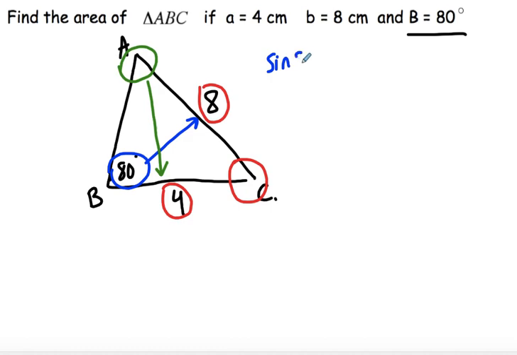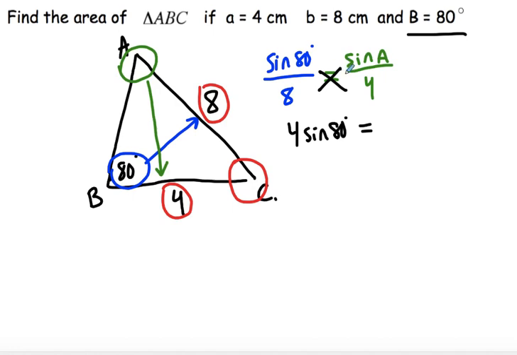Sine 80 degrees over 8 will equal sine A over 4. And then we're going to cross multiply. So 4 times sine of 80 degrees would equal 8 times sine of A. Now this problem is a little different than our past problems because this time we're solving for an angle.